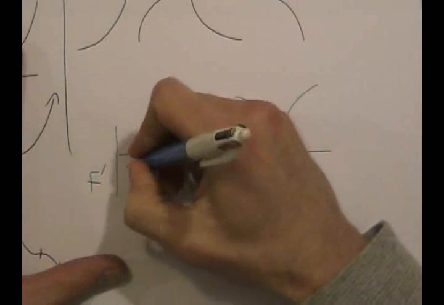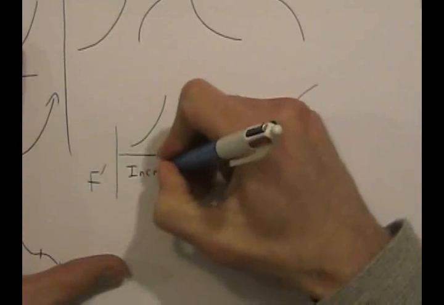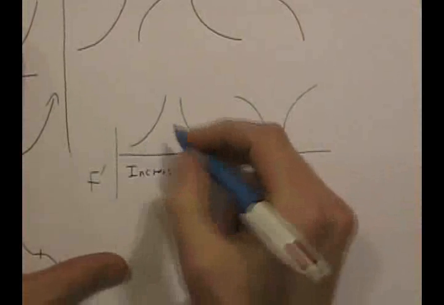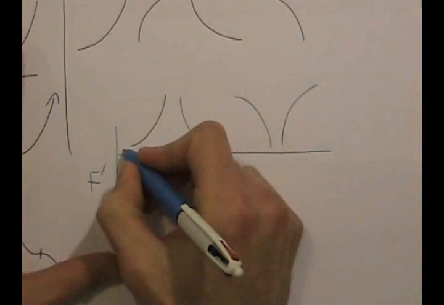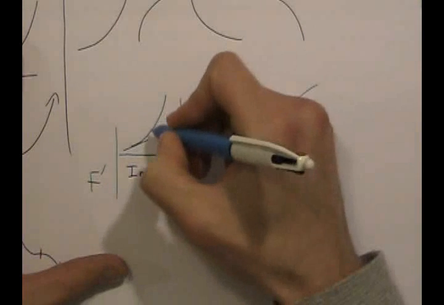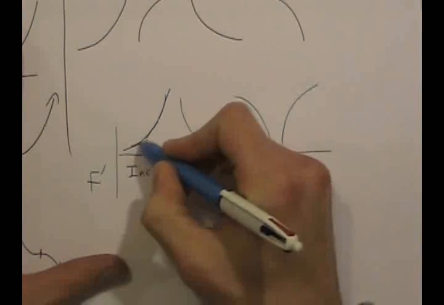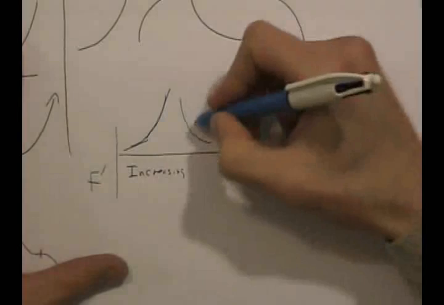And that's what it means, increasing. Same thing here, right? The derivative is increasing because the slopes are positive, say down here, and they're getting more positive as x gets bigger. The slopes are increasing. And the same thing is true here.